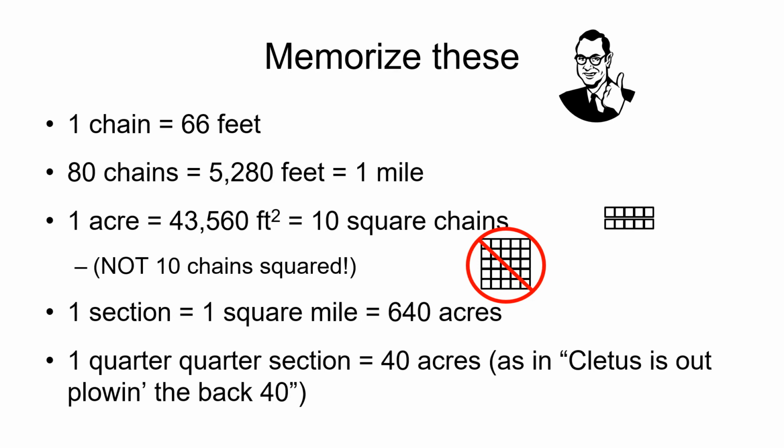So, sometimes you just got to memorize stuff. And I would say it will serve you well to just memorize all the things on this slide, because you're going to be using these for the rest of your career. The other thing to remember is that this is the English system, and because the United States was surveyed in the English system, even if we were to change to the metric system, our surveys will probably for a long time still be in English.